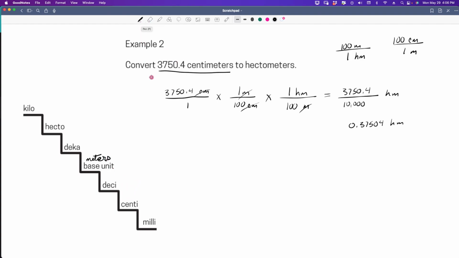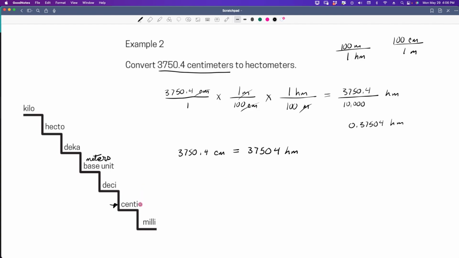If you use your stair steps, then you're going to do the same exact thing. We're going to start at centimeters. It's just a little bit more visual when we do it this way. So we would be moving our decimal point. We would start with 3750.4 centimeters, unit of measure is required. And I'm going to write the same number without any decimal places and put hectometers on the end.